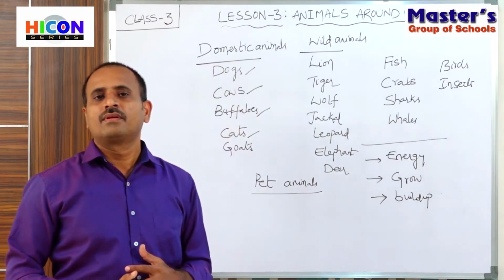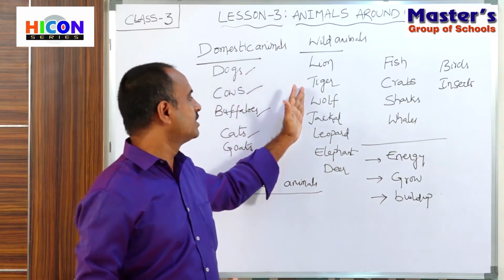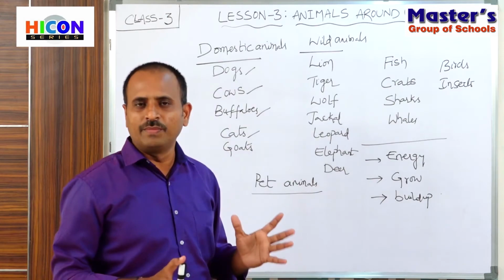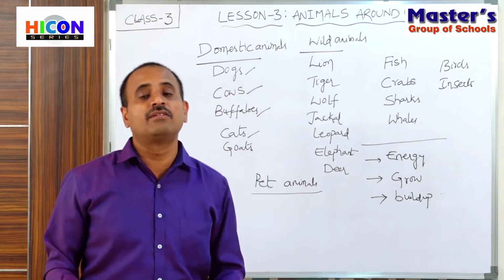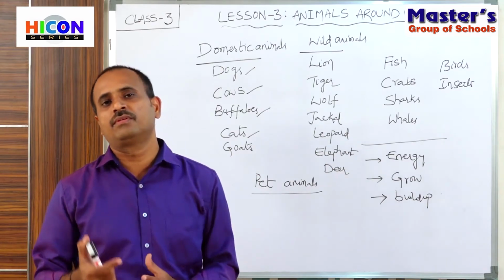So all the animals do not take the same type of food. They will eat different types of food.